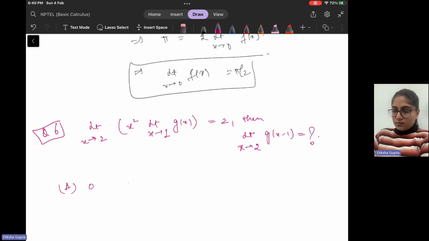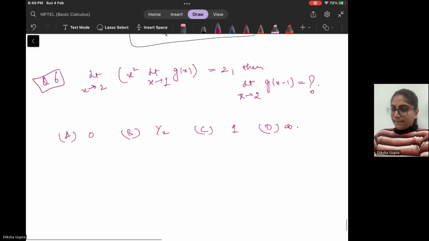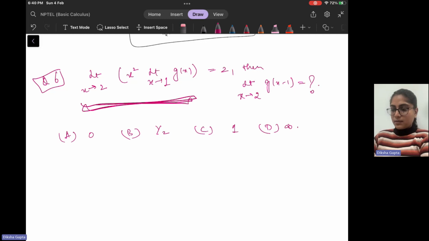Options are A 0, B 1 by 2, C 1 and D infinity. Now you have been given a relation between x square and the limit of the function at the point 1, and you have to find the limit at point 2 of the function g of x minus 1. So let's see what information we can extract from the given relation.